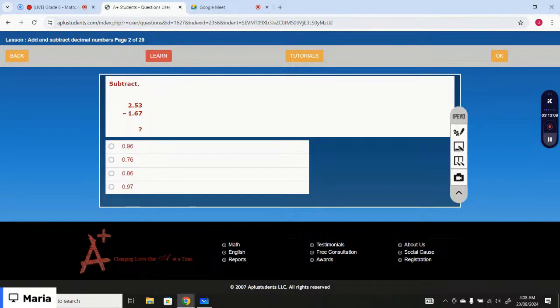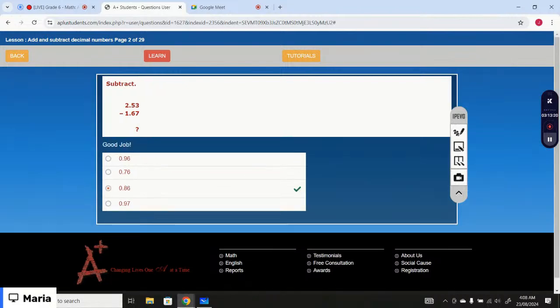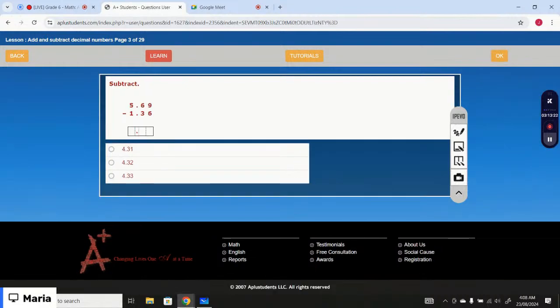13 take away 7 is 6. 14 take away 6 is 8. So the correct option is 0.86. Option number 3 is the correct option. 5.69 take away 1.36. So which is the correct option?